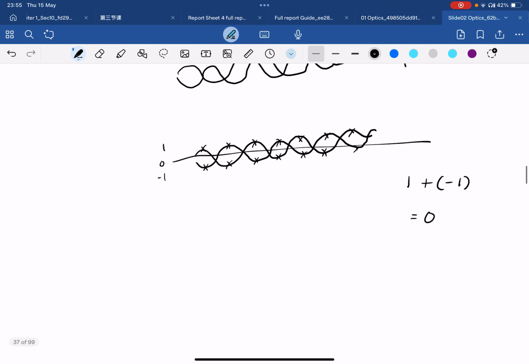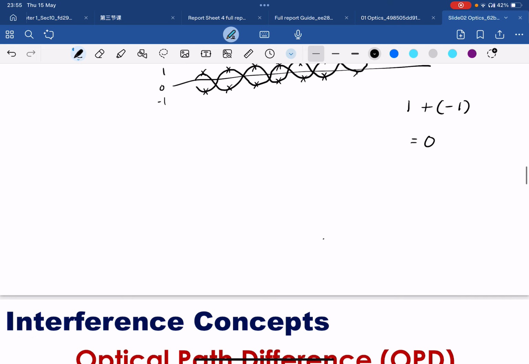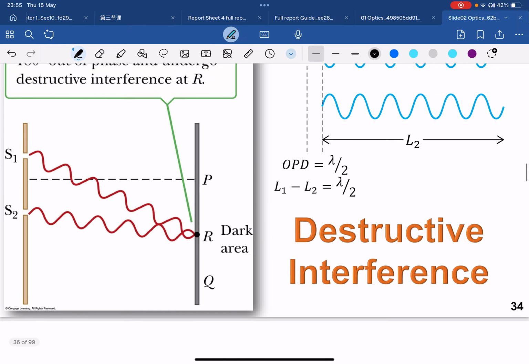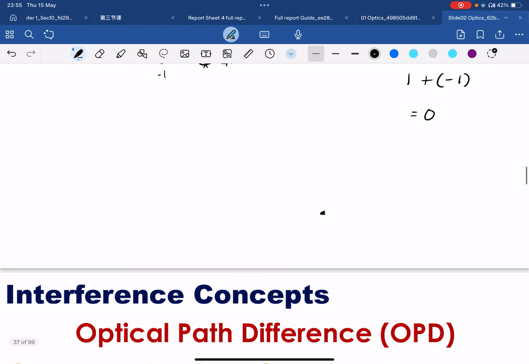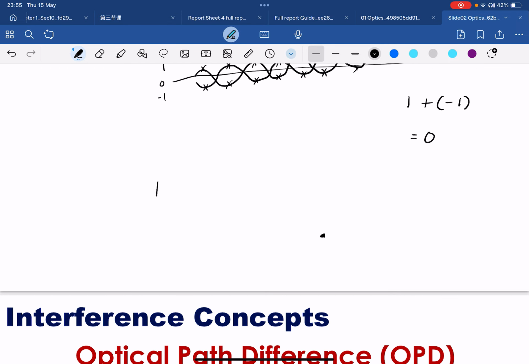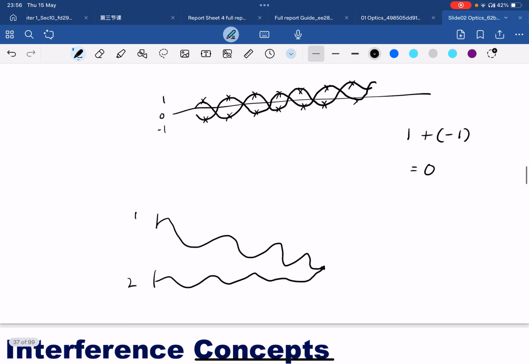But over here, now, when the difference between these two waves is a half, when they meet up at this point, because it's only a half, these two waves, this is the source of wave 1 and this is the source of wave 2, the waves are going to be sort of like this.